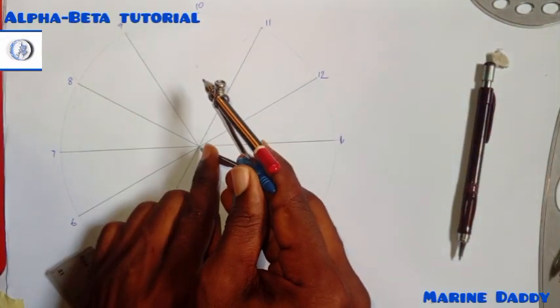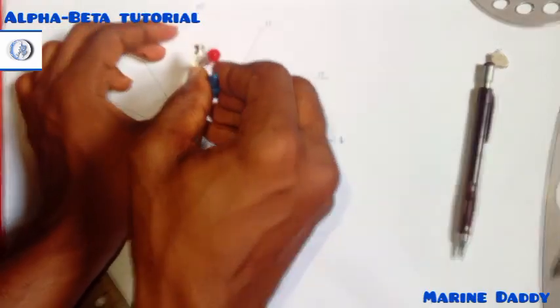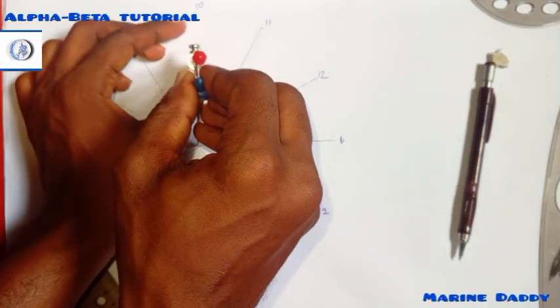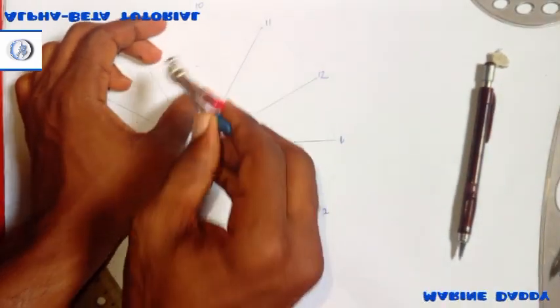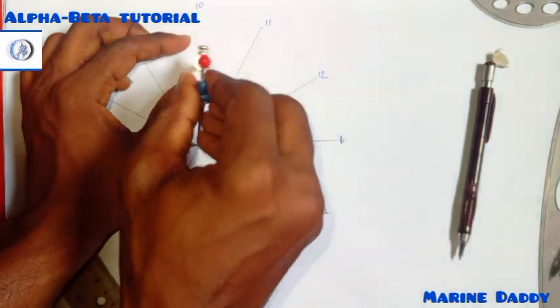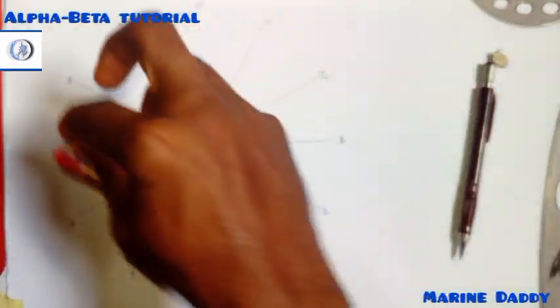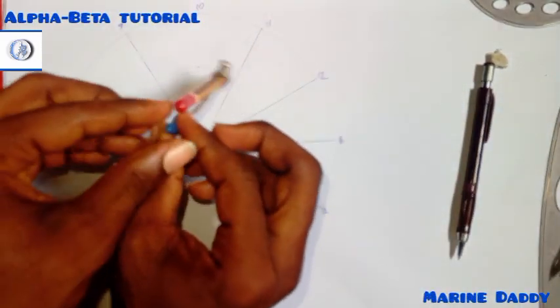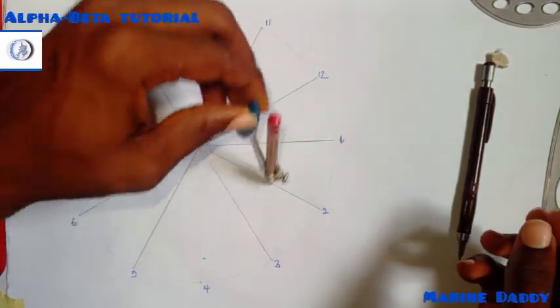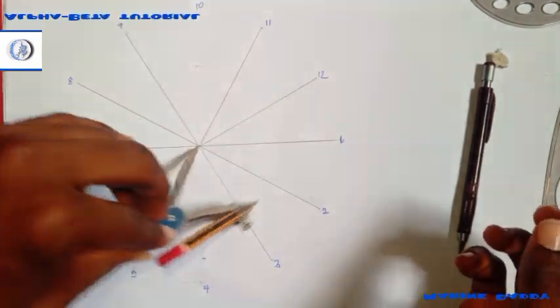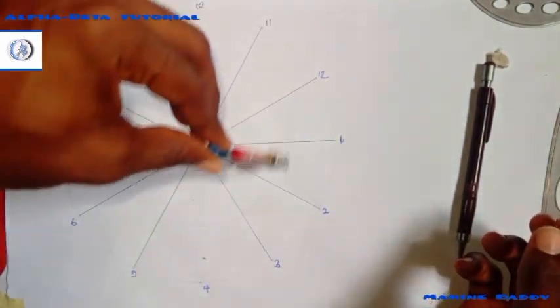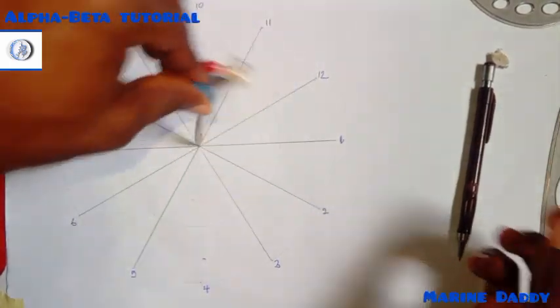Put the compass at the center of the circle because they are going to come from the same center. Then I'm turning another circle at the center.